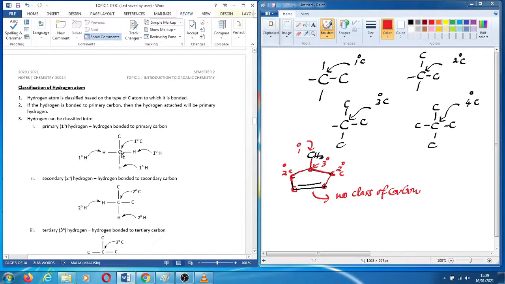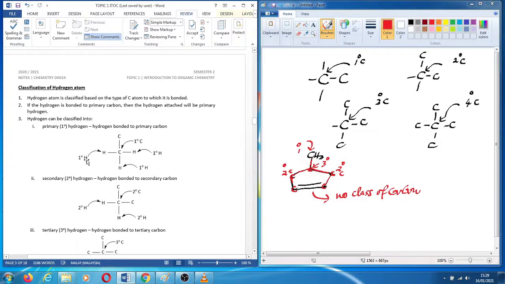Example here, this is primary carbon. Why is this primary carbon? Because it is bonded to one other carbon.